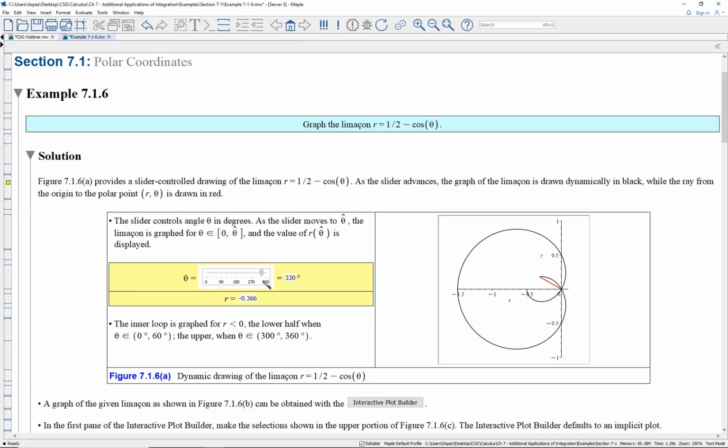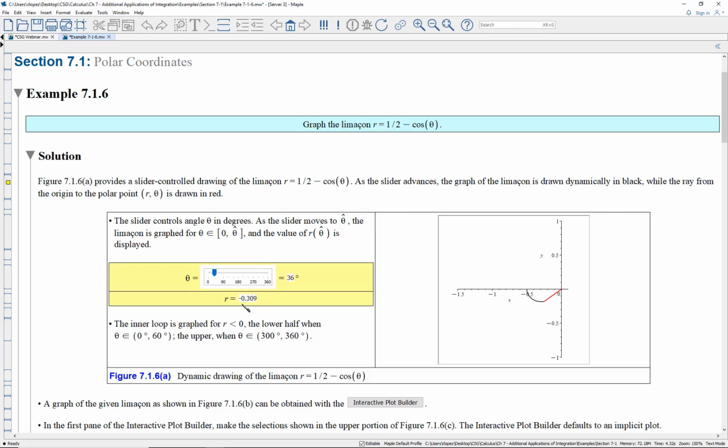This slider controls the angle theta, 0 to 360. I think in degrees. I find it easier to think in degrees. Okay, as theta increases from 0 to 360, you can see the radius vector in red, and the curve is being traced here. But what do you notice right at the very beginning?